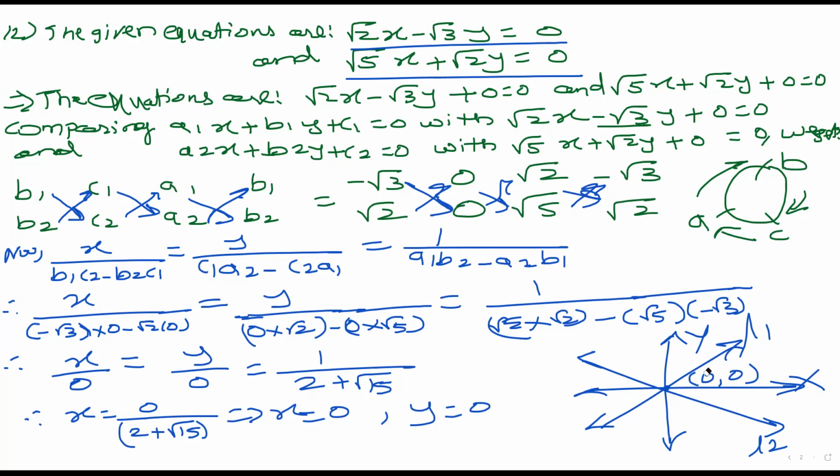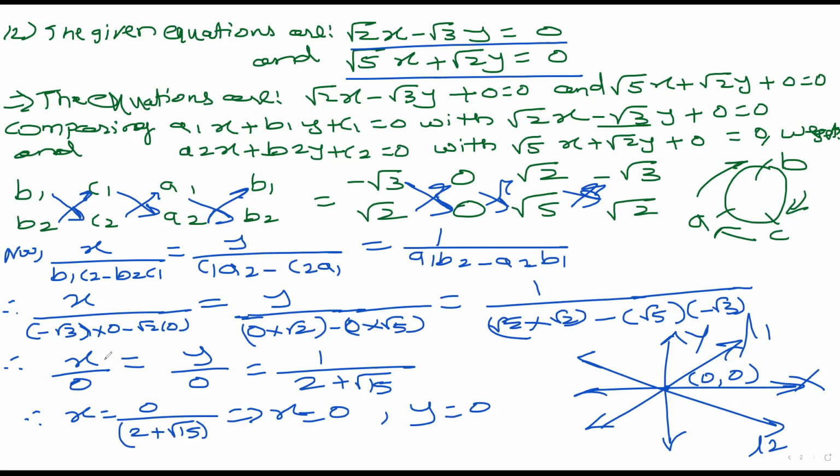Basically, solving means what? What we are solving, we are basically trying to find the point of intersection of these two lines. These are lines, graphs, nothing else. And we are trying to find the solution (x, y). That means we have to find the point of intersection. Okay, so in fact x upon 0 is not defined.